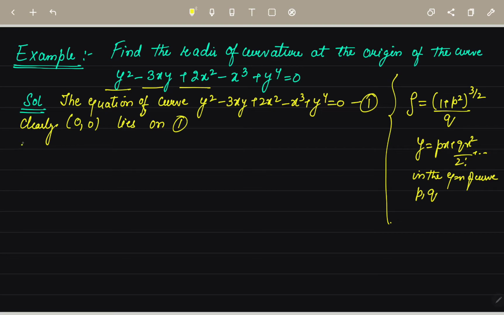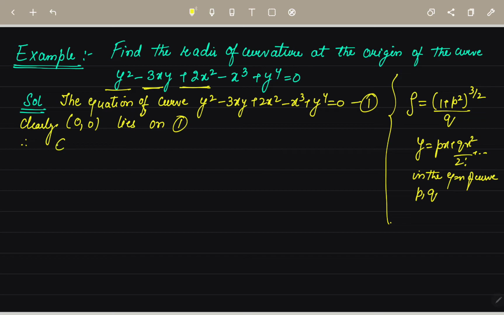So now after this I have to find the tangent. For finding the tangents, I have to equate to 0 the lowest degree terms. From the equation first, the lowest degree terms are y square minus 3xy plus 2x square.